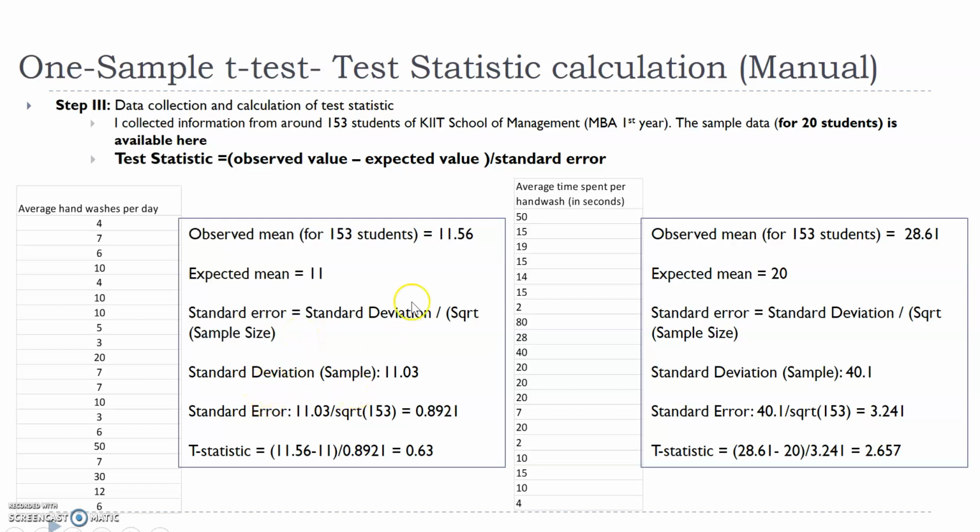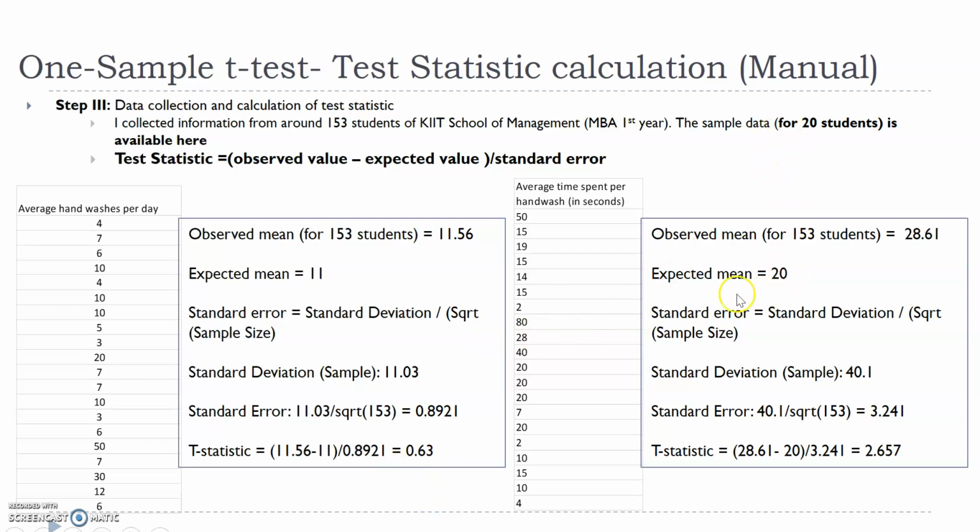The standard deviation of the sample, I found, is 11.03 for those 153 students. Then I calculated the standard error, which came to 0.8921. For the t statistic, again, observed value 11.56 minus expected value 11, divided by the standard error 0.8921, gave me a test statistic of 0.63.